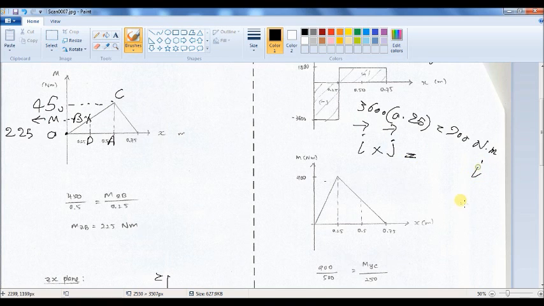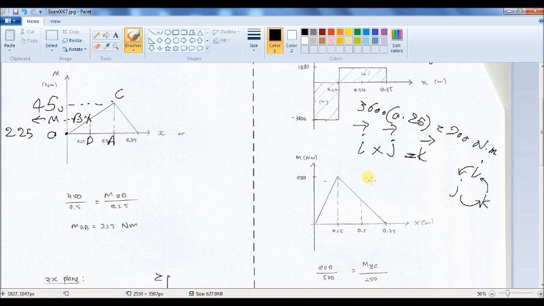Okay, we can write in this way: i, j, k. i times j equals k. k times i equals j if we rotate in this direction. And the results are positive.